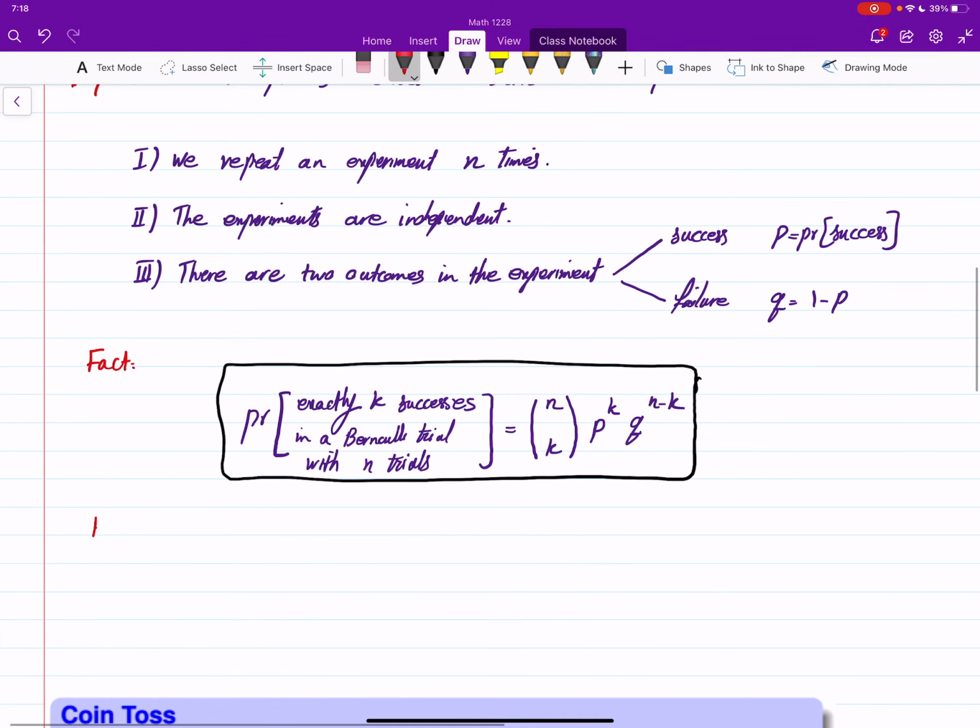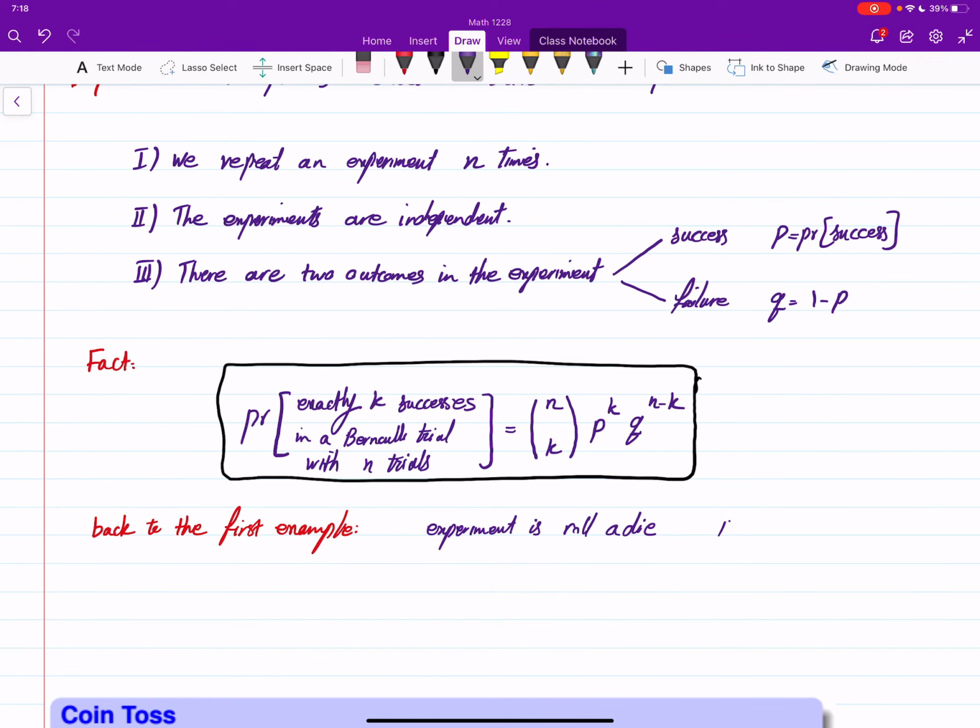So back to our first example. The experiment is to roll a die.